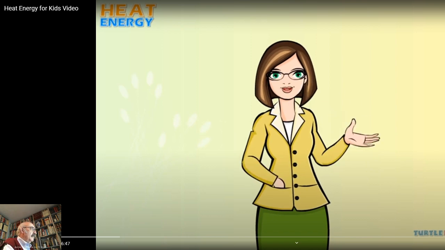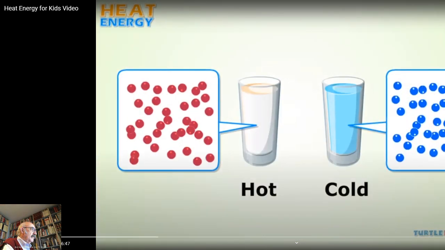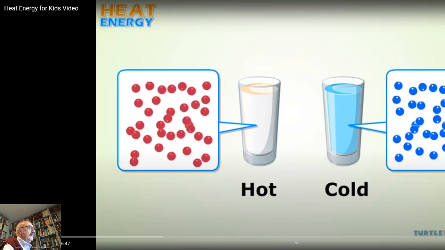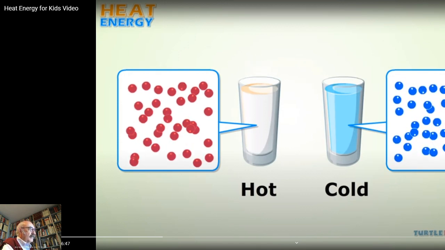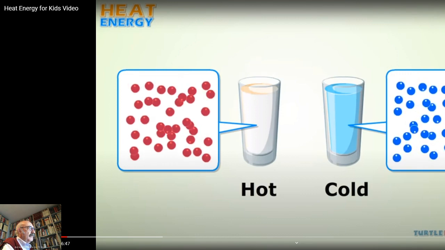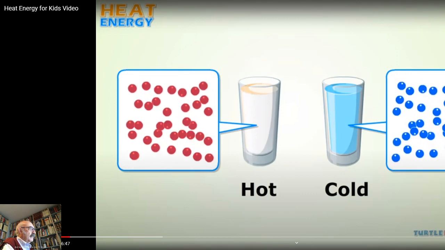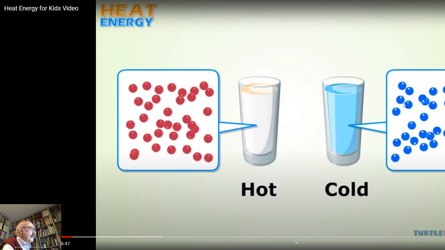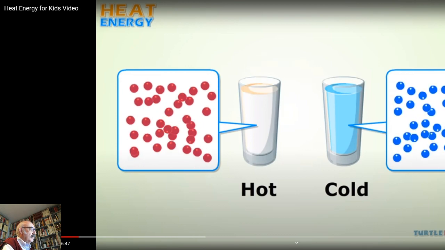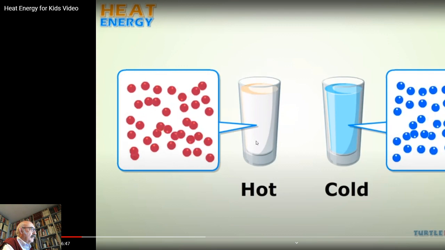Energy has to do with the movement of the particles that make up matter. If we were to look up close at the particles of something very cold, we would see them moving very slowly. If their movement is very slow, they have less energy than the particles that make up something that is hot.